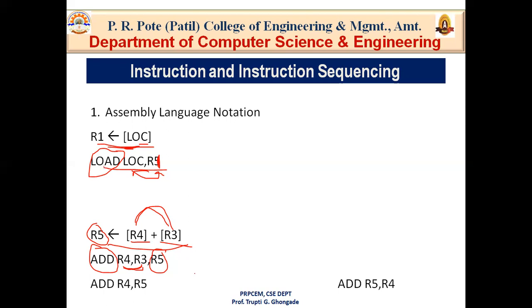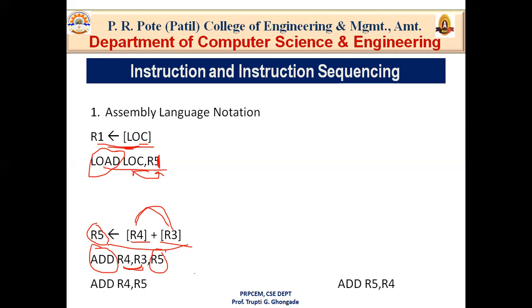The operands are either in a processor register, in a memory location, or in the IO subsystem. We have to find out where the operand is stored, whether in a memory location or in a processor register, that is, a general purpose register. This is written in the instruction itself.